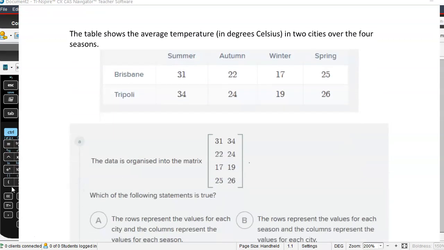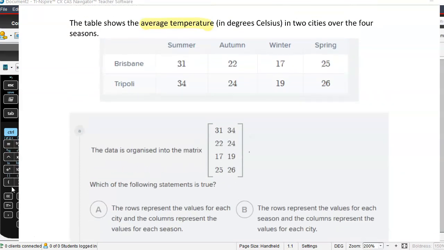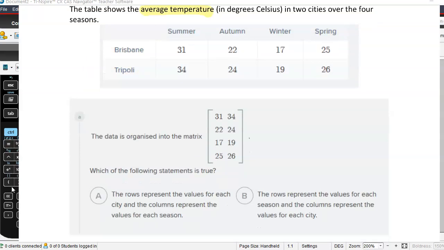The table shows the average temperature in degrees Celsius in 2 cities over the 4 seasons. So, here's our example. We've got Brisbane, which is in Queensland, and Tripoli, is that Italy? Is that Turkey? I'm not sure. Anyway, it's now being organised into a matrix.